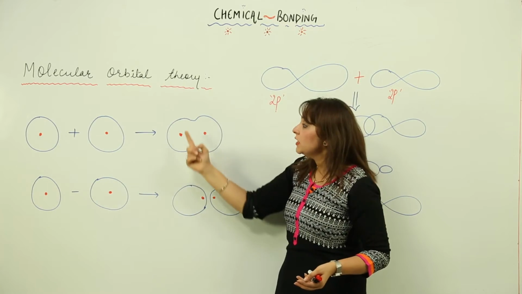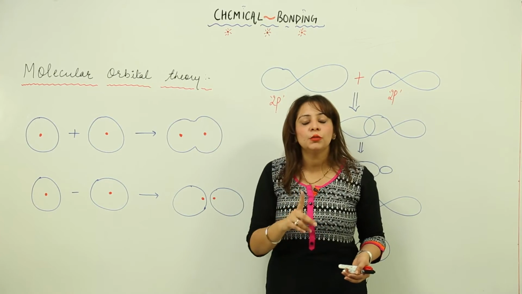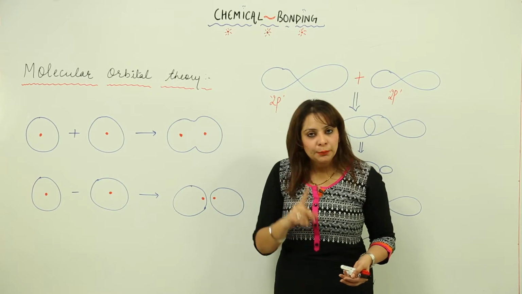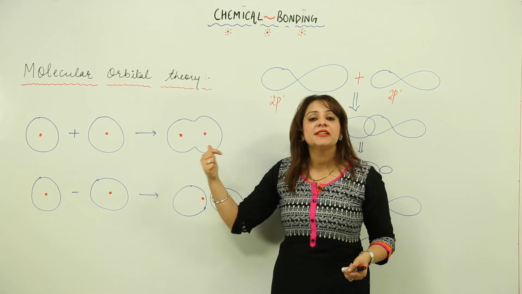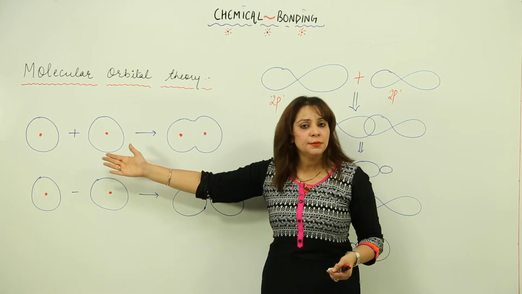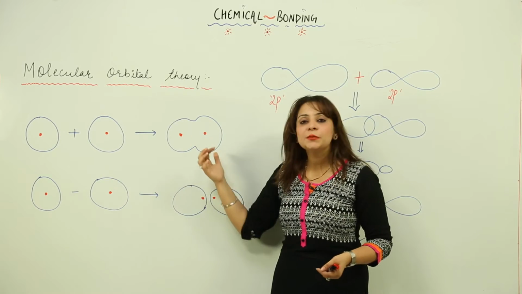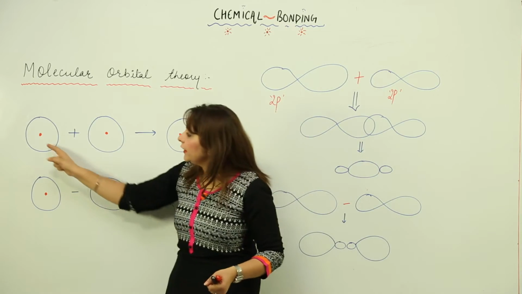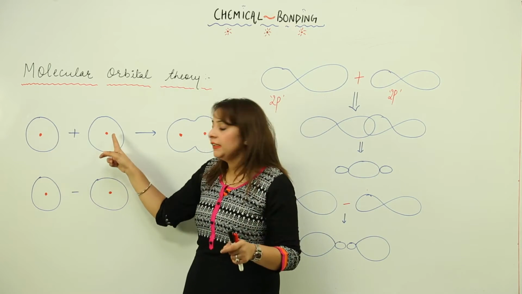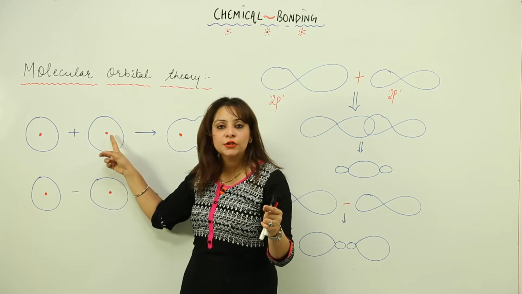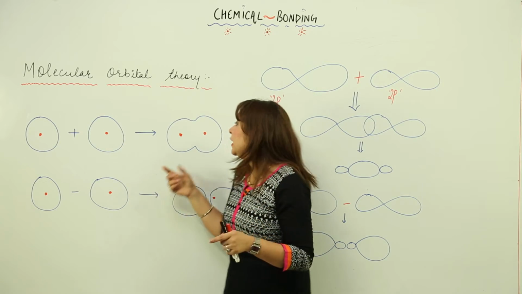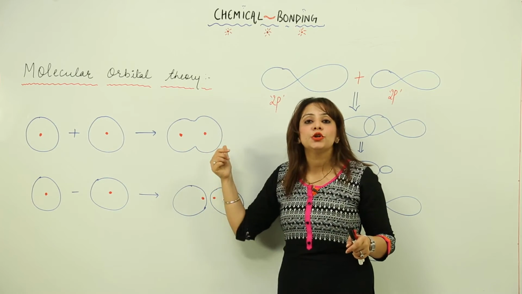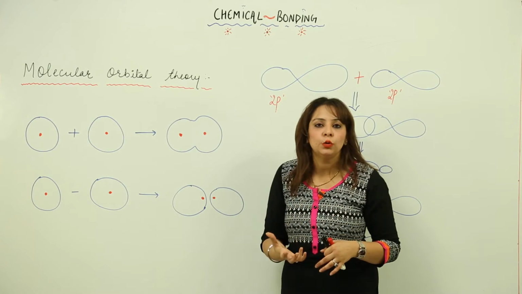Now this molecule will behave as one piece, and the electrons are present in a molecular orbital. In an atom it was the atomic orbital, here it is the molecular orbital. In atomic orbitals the electron is under the influence of one nucleus, but here it is multinucleated, that means it possesses more than one nucleus.